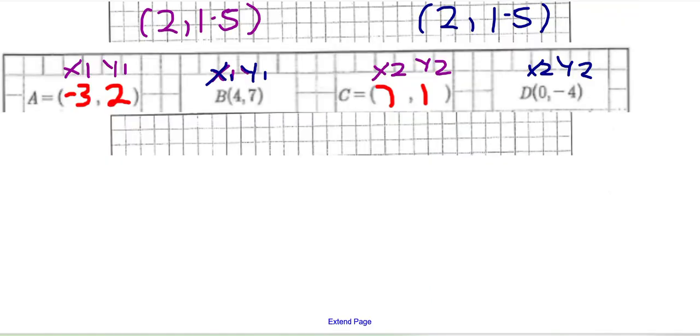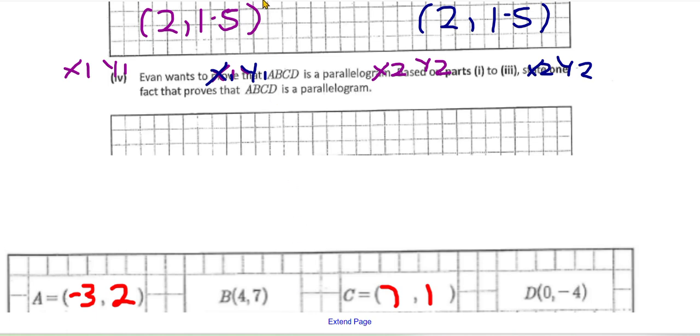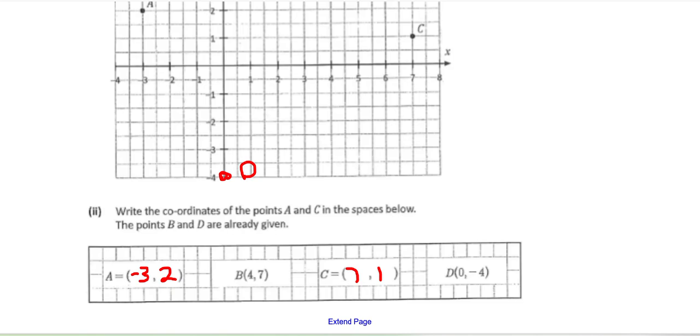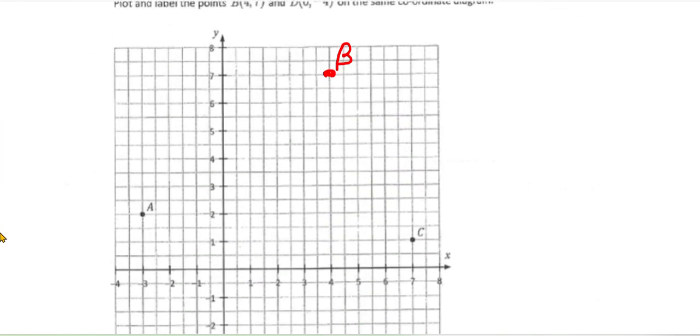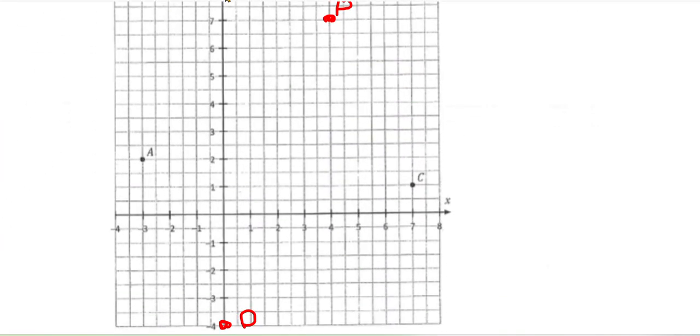Now, last part. Evan wants us to prove that ABCD is a parallelogram. Based on parts 1, 2, and 3, state one fact that proves it's a parallelogram. Okay, so go back to my diagram. Everybody see the diagram? The one I like to use is this one.